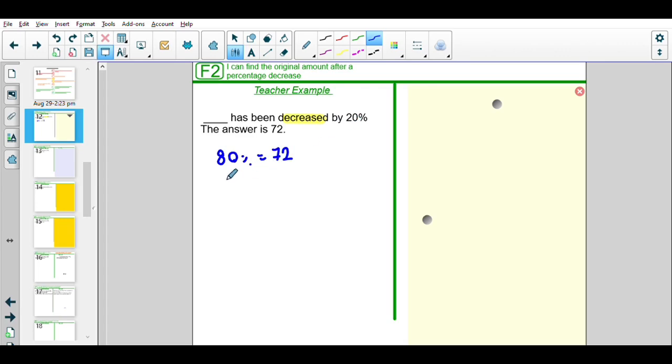Now, if I want to know the original amount from 80%, I need to find 100%. To get from 80% to 100%, I would get to 10% first and then 100%.